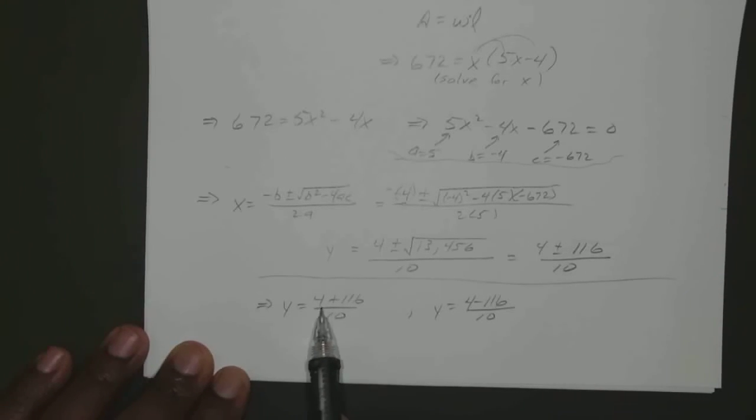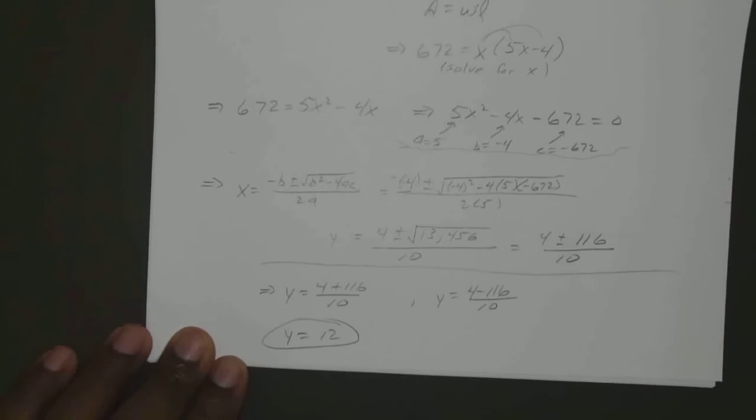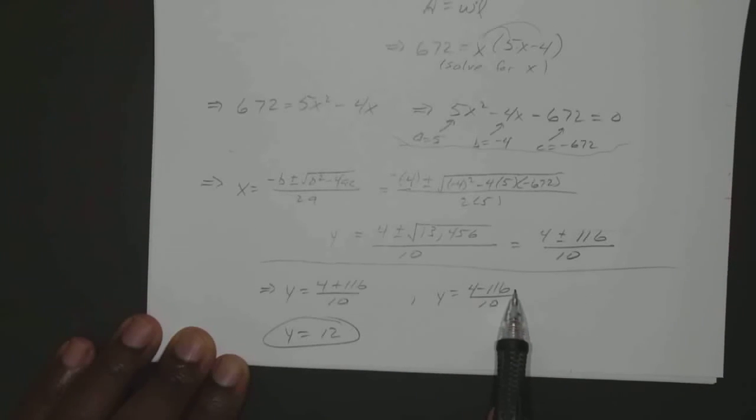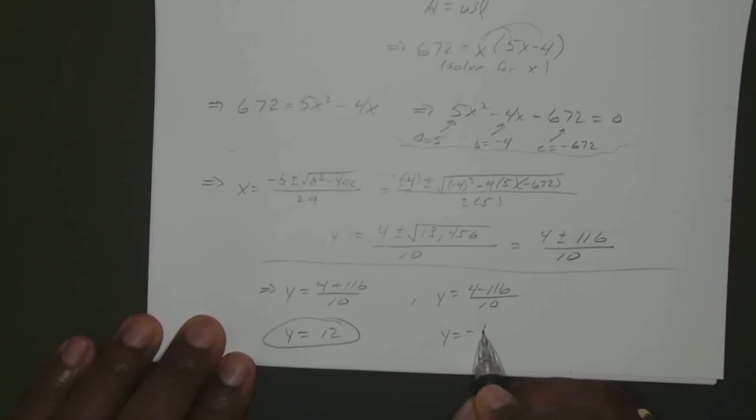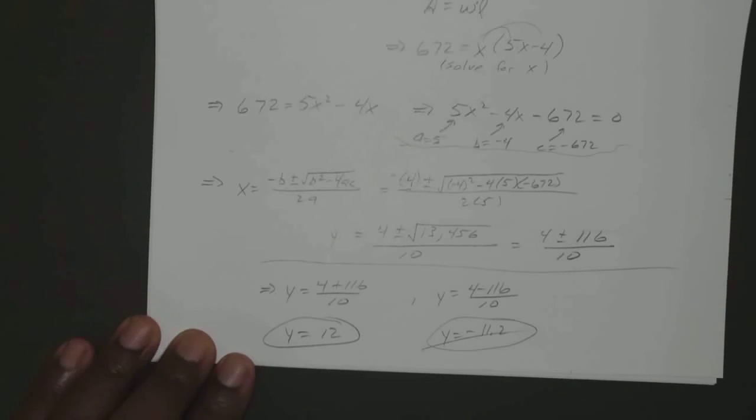Okay, so this gives us 120 over 10, which is 12. And this gives us negative 112 over 10, which is negative 11 and 1/5. I'll just say 0.2, which it's negative anyway, so you know you're not going to use it.